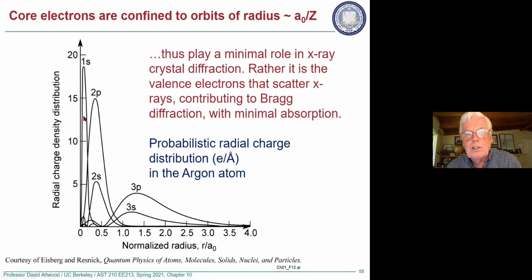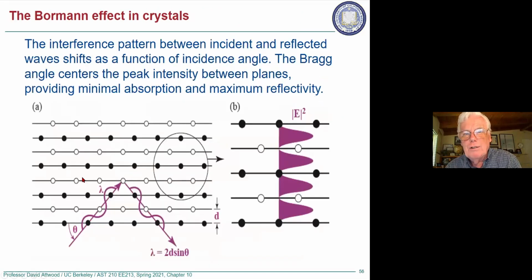Whereas the core electrons, which would absorb, are so tightly constrained, at a radius of a_0 over Z, the Bohr radius over Z, that they don't actually see the radiation because of this interference effect. The incoming radiation and the outgoing radiation interfere.